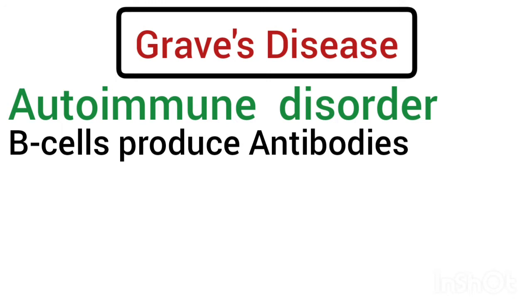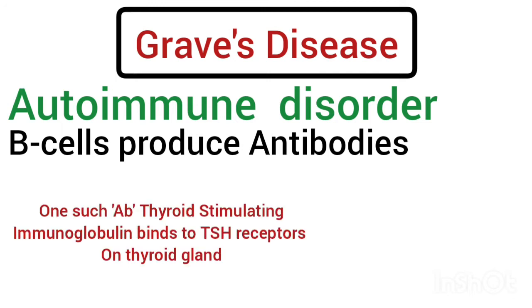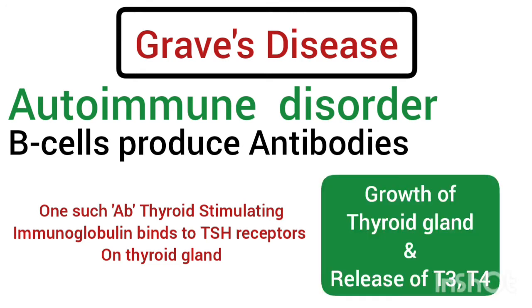One such antibody is thyroid stimulating immunoglobulin, which binds to the thyroid gland on the TSH receptor, that is, the thyroid stimulating hormone receptor, which then causes the growth of the thyroid gland and release of excessive amounts of thyroid hormones, the T3 and T4.